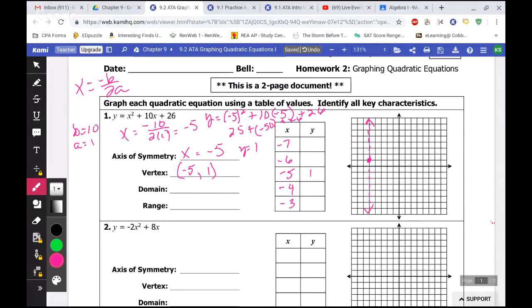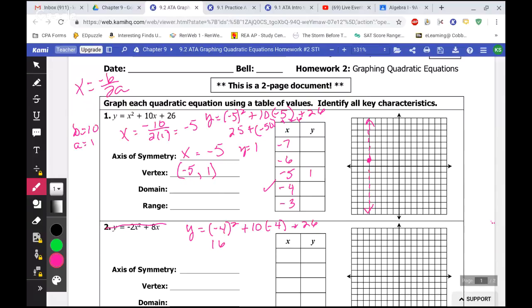I'm going to do my work down here on this other problem. Don't let that confuse you. I'll just draw a line through that for now. But this is y equals, and I'm plugging in -4 squared plus 10 times -4 plus 26.